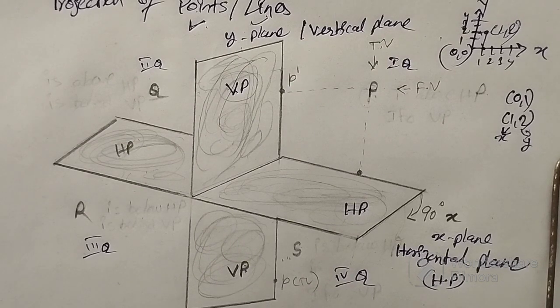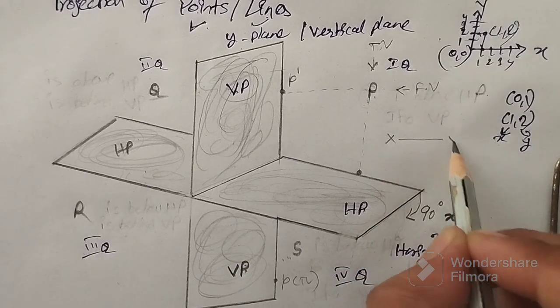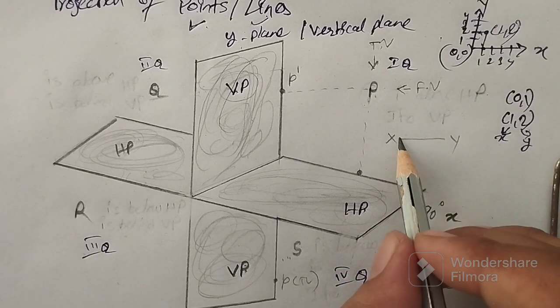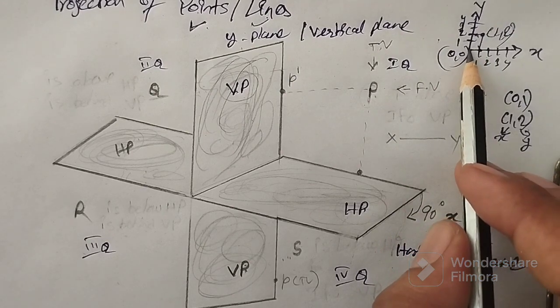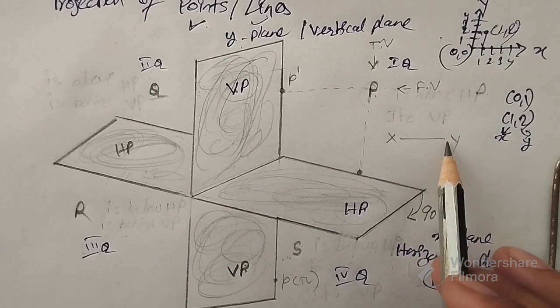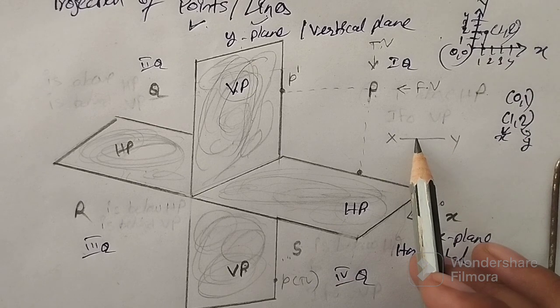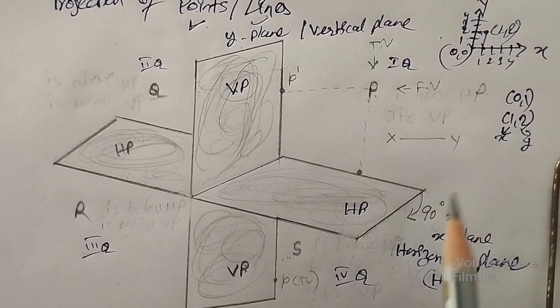So in the first quadrant, if this is my reference line XY, this reference line is the horizon. See here, 0, 0, that's horizon. So at this horizon, this is X, whereas Y. This XY is also in horizontal plane and vertical plane. So XY represents a reference line, that is HP and VP both.